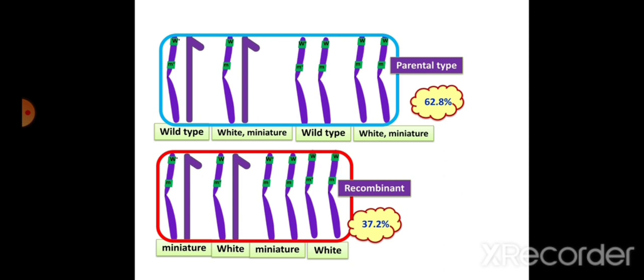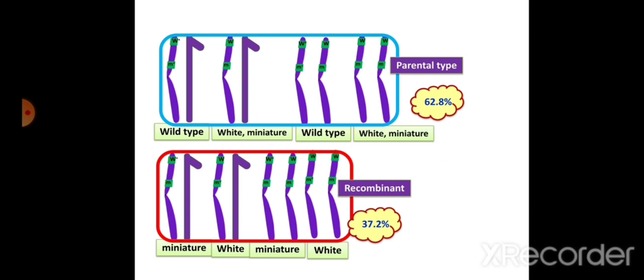So these examples confirm that if the genes are present in close association with each other, if the distance between the genes is very less, then they undergo linkage, and if the genes are present a little away, arranged away from each other in a distant relation, then the recombination will increase.